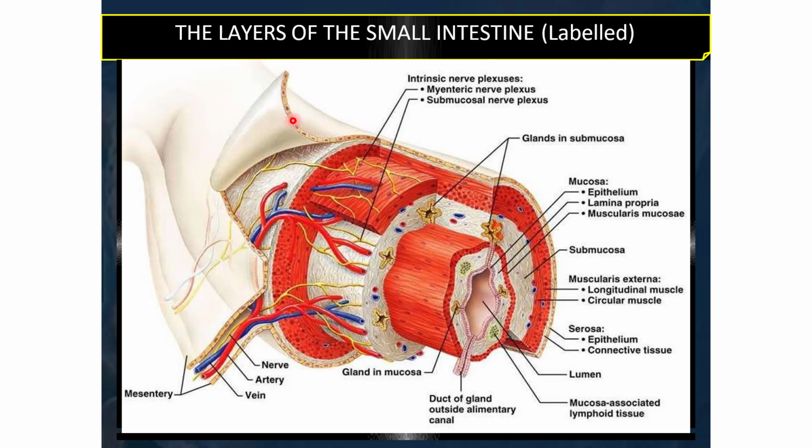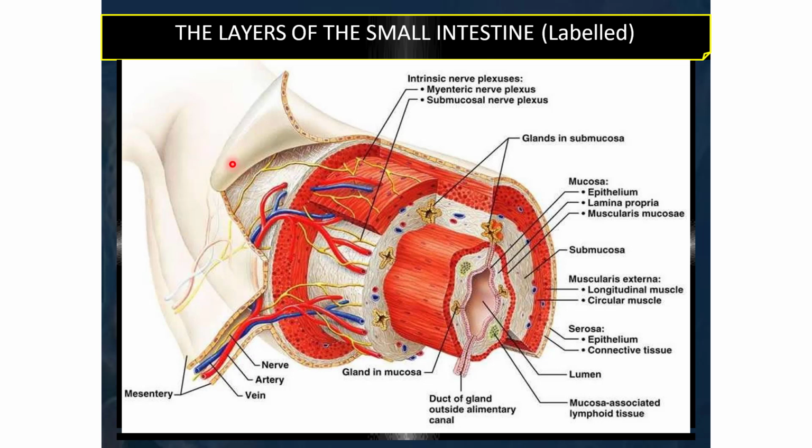The visceral layer is in contact with the viscera, and parietal layer is in contact with the parietes of the abdominal wall. So this is the layer which is in contact with the viscera. This is the visceral layer of the squamous epithelial, which is also called the mesothelial lining. And this is the outermost layer.